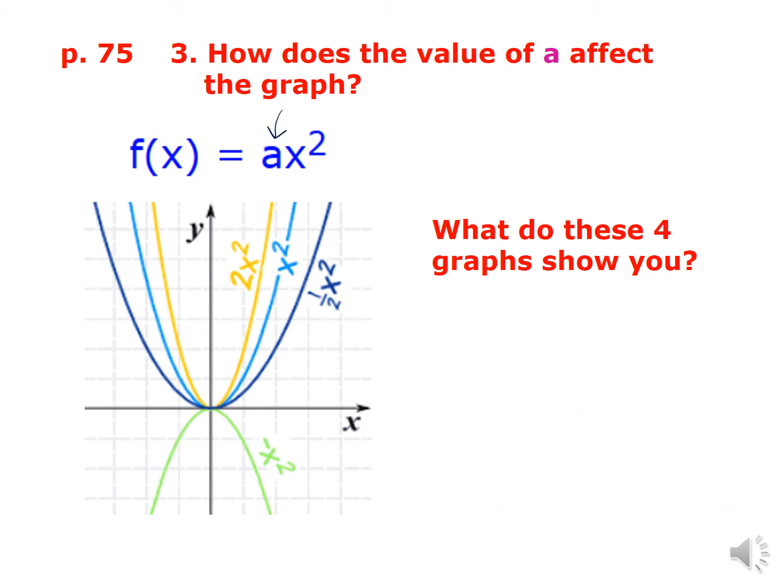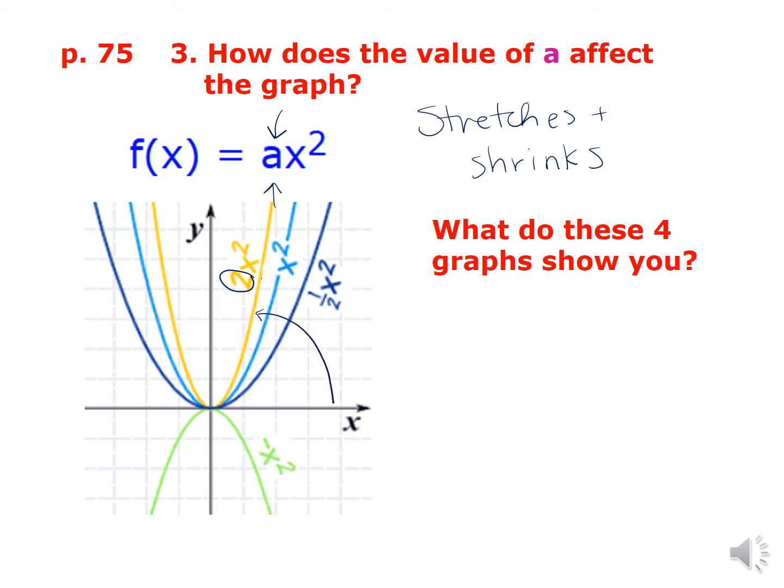All right, so how does the value of a affect the graph? What does this do? Well, we're going back to stretches and shrinks, and pretty much what you learned about those for linear lines follows the same. So if you look at this, when it's a whole number, the graph stretches up higher and stretches away from the x-axis.